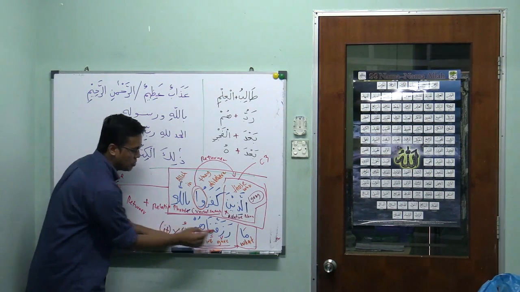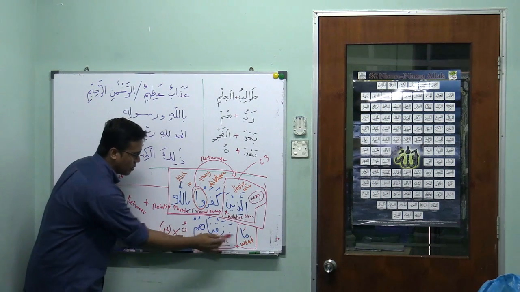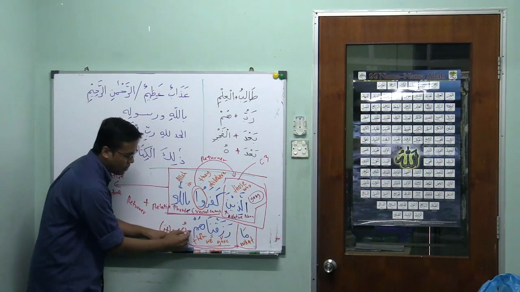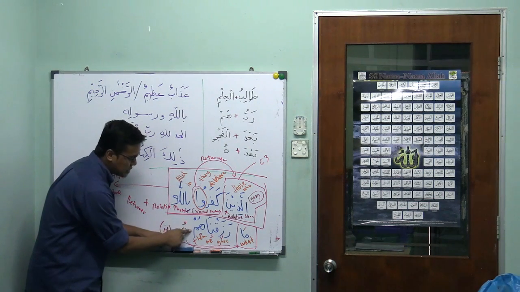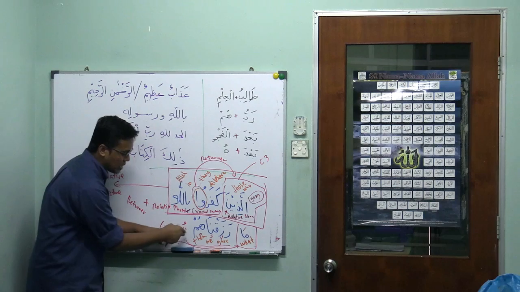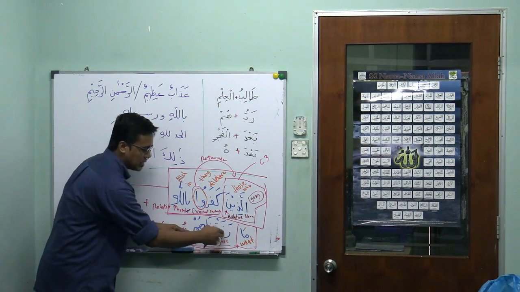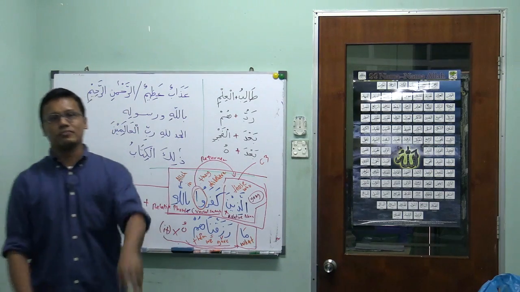If there's a huwa, it will sound like ma razaqnahumuhu. You can't say ma razaqnahumhu because it doesn't sound right. You have to add another waw, but that's not our topic. Our topic is just that we assume there is a returner when there isn't any apparent one. As straightforward as that.